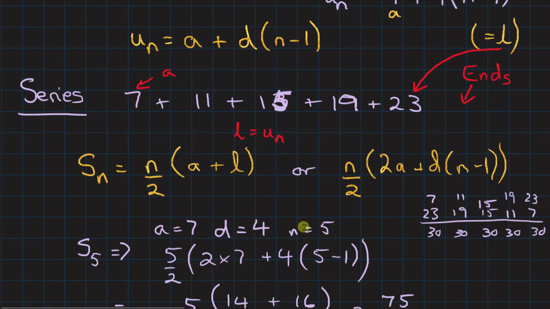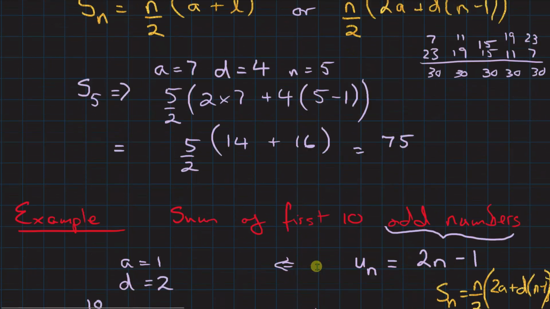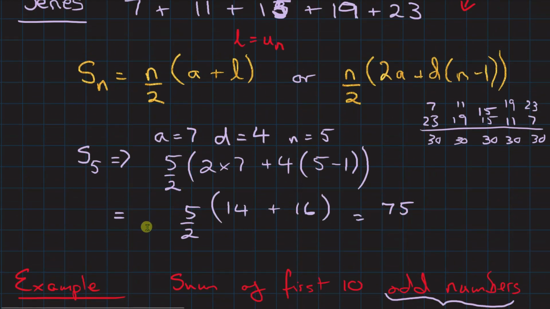Show them you put the values in, because quoting the formula probably won't get you the mark, but substitution correctly is more likely to give you a mark. So 2 times 7 plus 4 times the number of terms minus 1 gives me 5 over 2 times 14 plus 16, 30, and I get my 75 back.